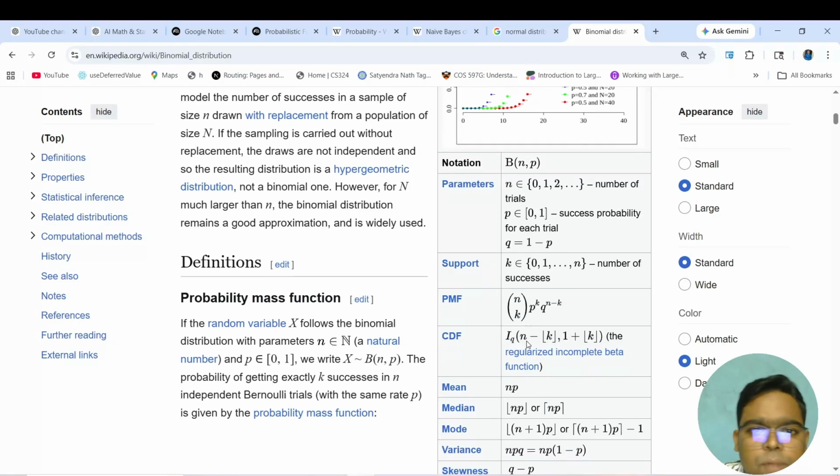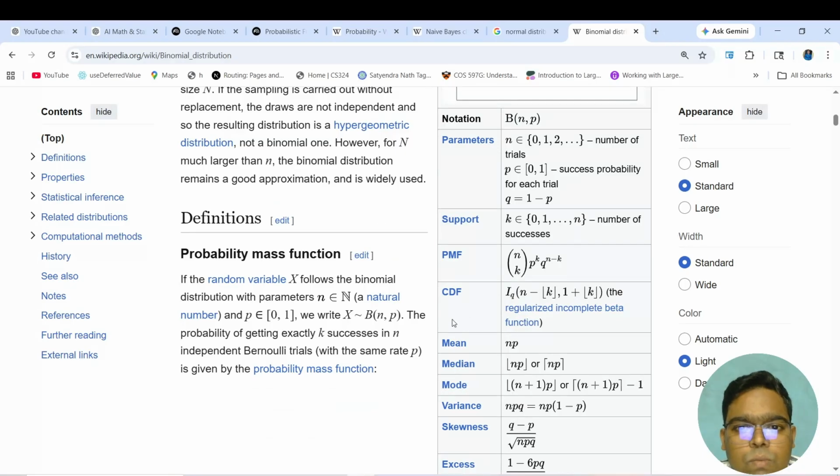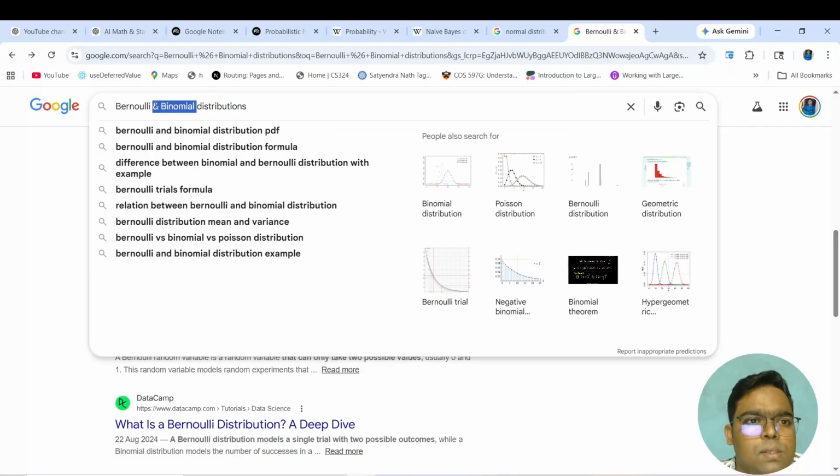It has a PMF equal to this. Bernoulli is for a single event happening, so it is p times 1 minus p. Let's see that also.